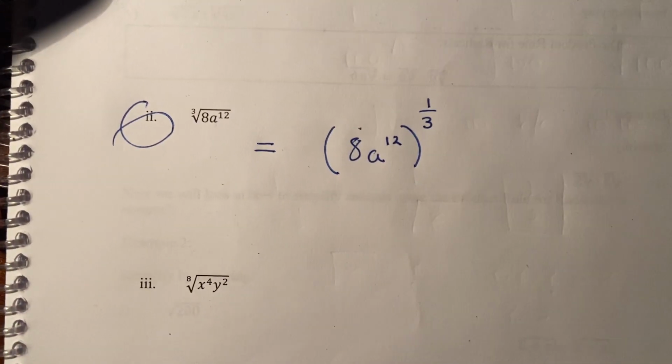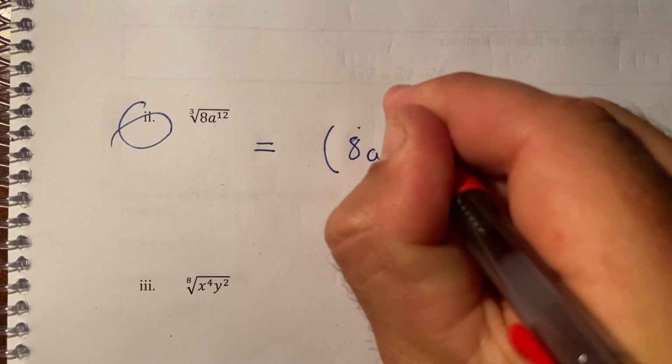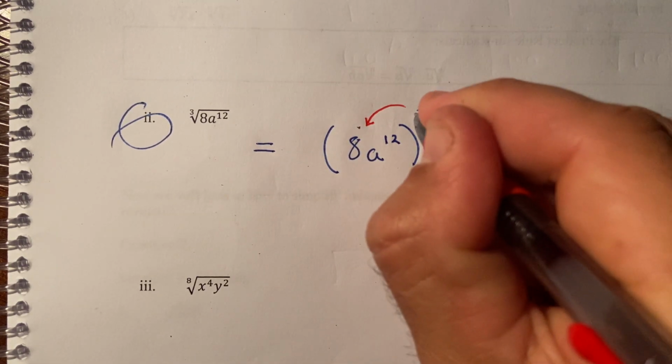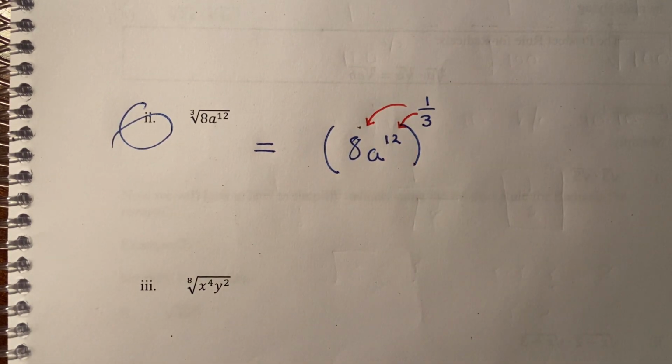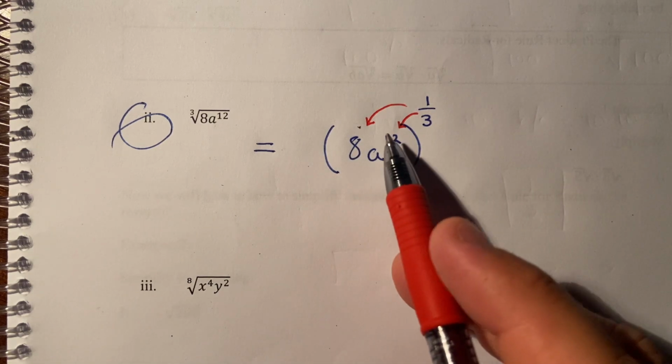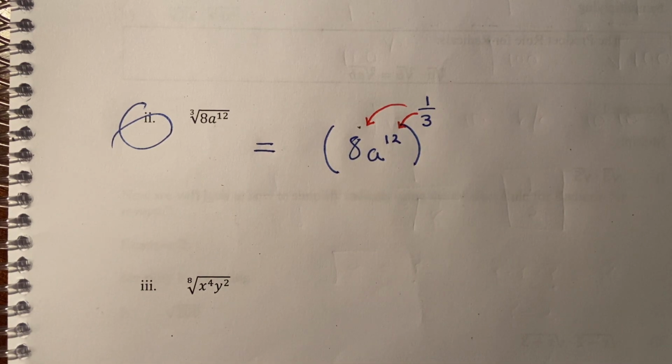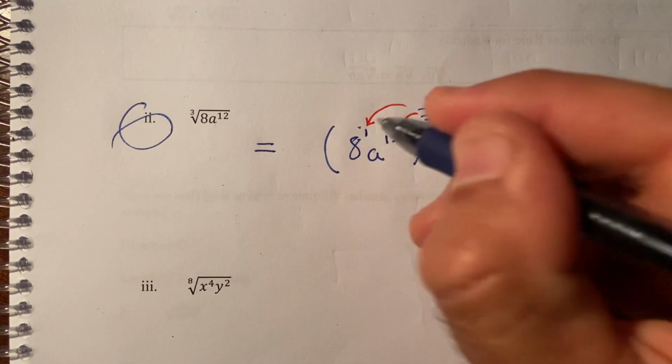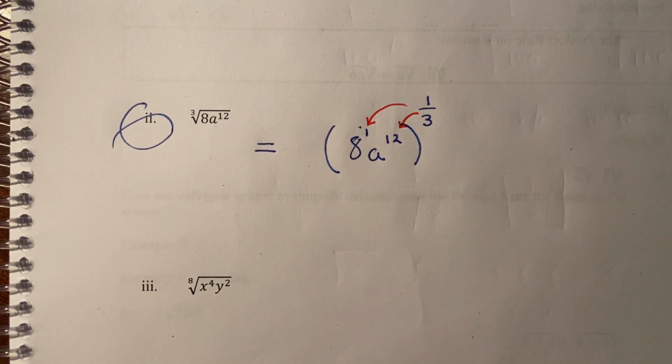Okay, so for number 4 there, I see that everybody in here needs to take on this power. And not only that, when they take the power on, it comes in through multiplication.